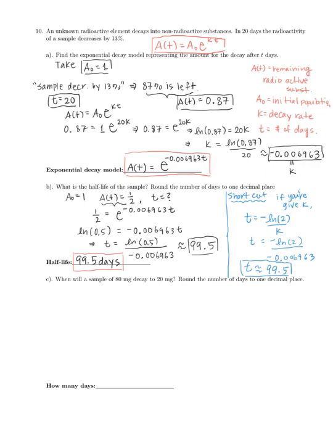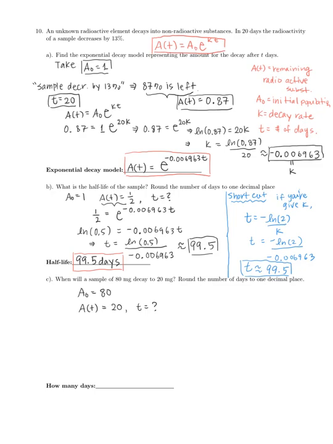So what you're given is a sub 0, the initial value, which is 80 milligrams. And what we're looking for is, when A of t is 20, what is that value of t? When A of t is 20 and a sub 0 is 80, what is the value of t? So that's what the problem boils down to.